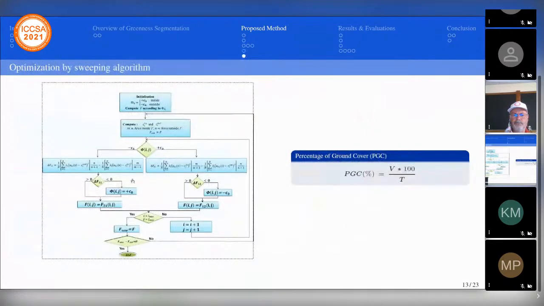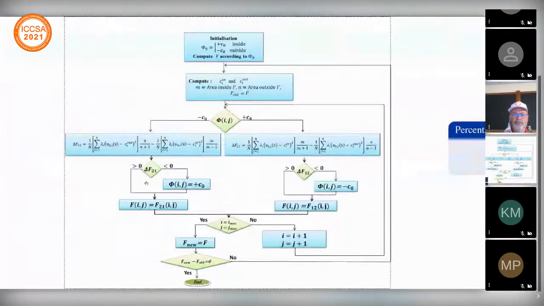This algorithm is based on evaluating the energy when a point is moved from inside to outside the curve, or vice versa, and evaluating the energy to decide whether to update this point or leave it in the same place.